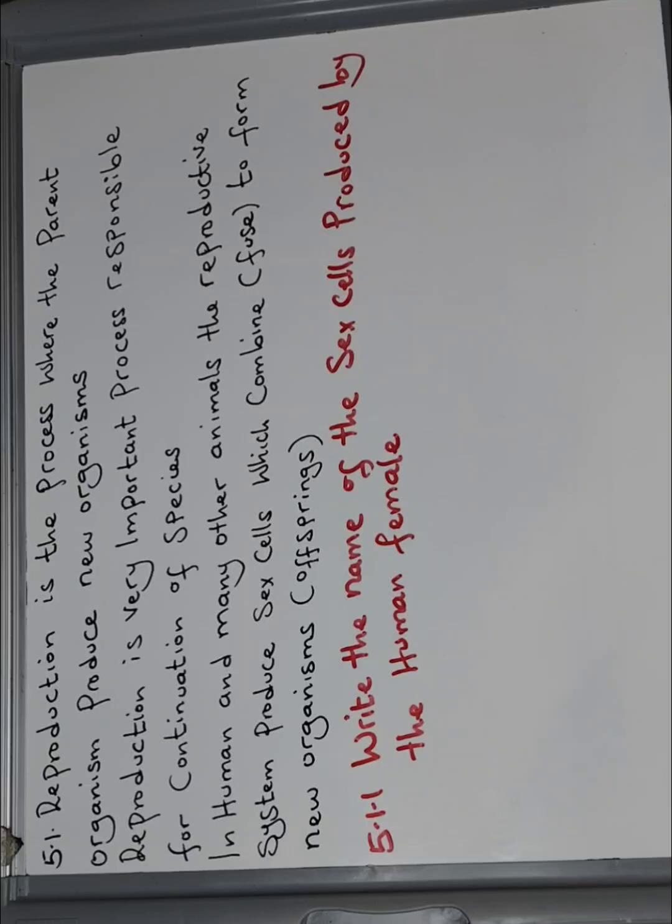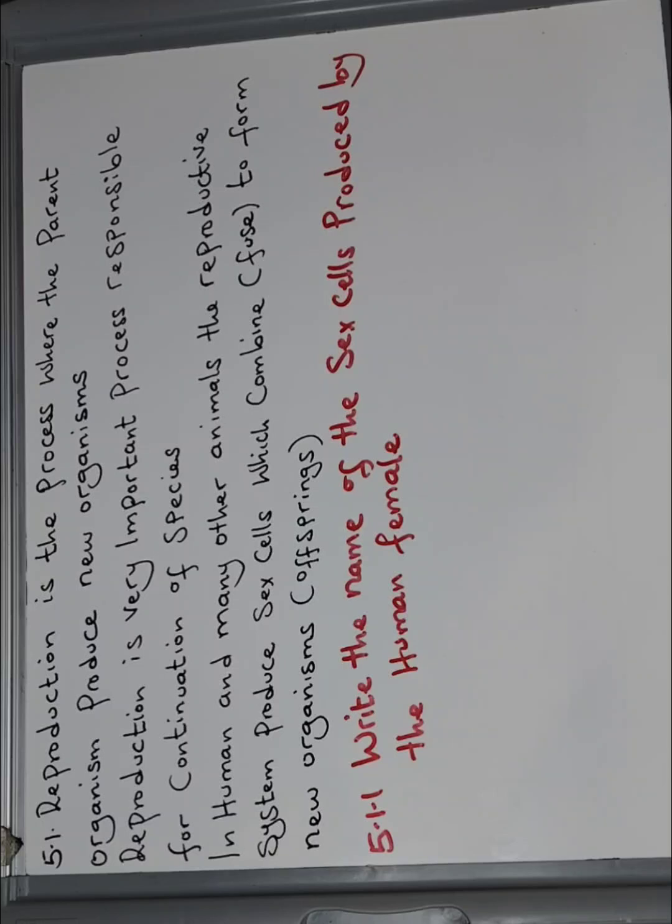And there are several types of reproduction as we'll proceed. But at this time, this is what I want you to know, that during reproduction, we have a male and a female organism. The male produces the cells and the female produces the cells.